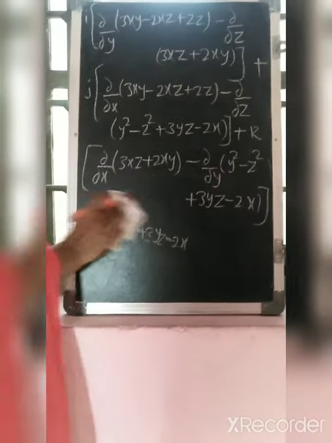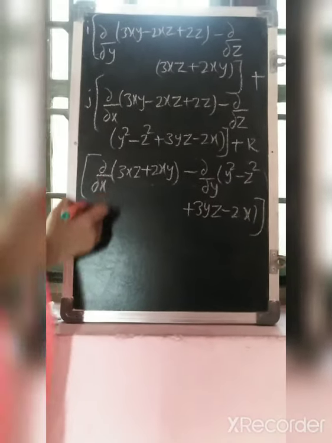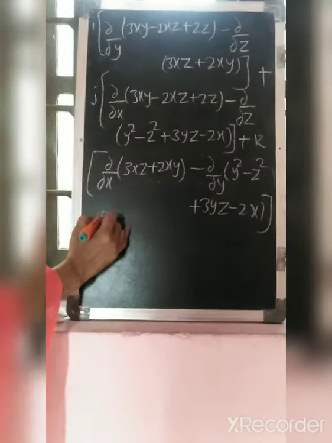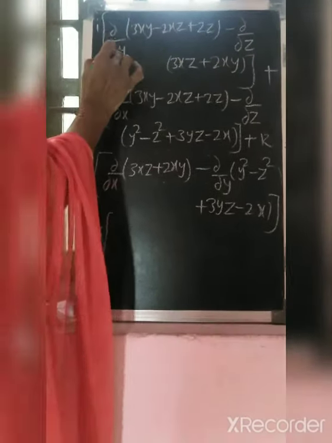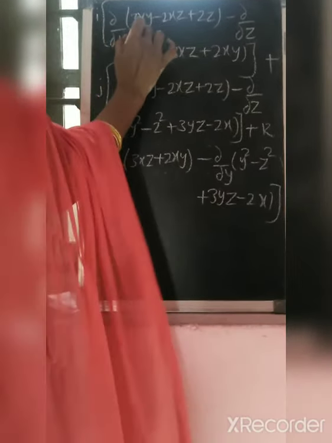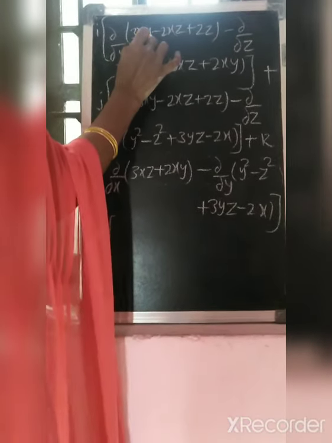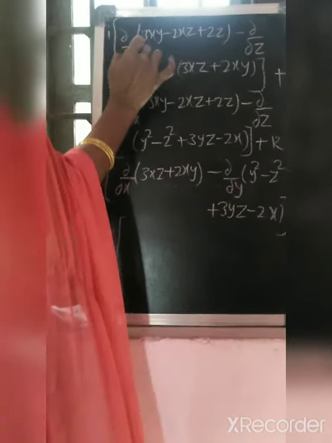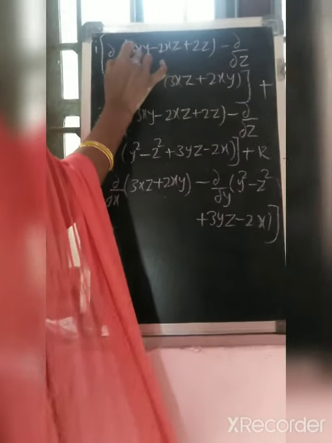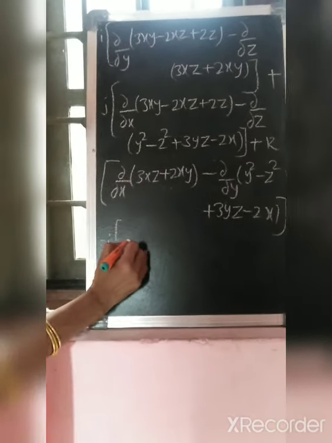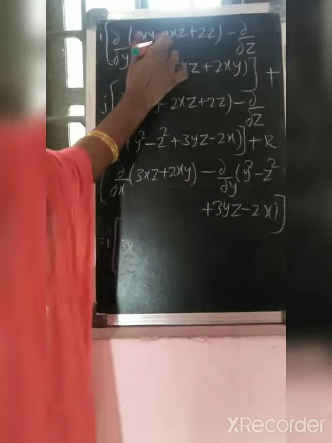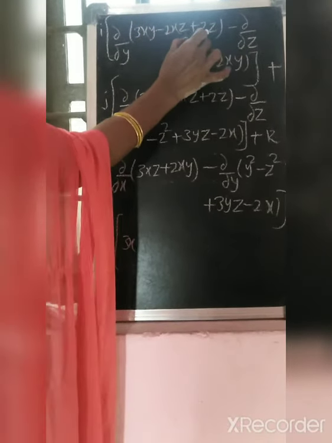So now, for i, with respect to y differentiate this one. Here 3xy, in this 3x is constant and with respect to y is 1, so that is 3x. Next 2xz is 0 and 2z is also 0.